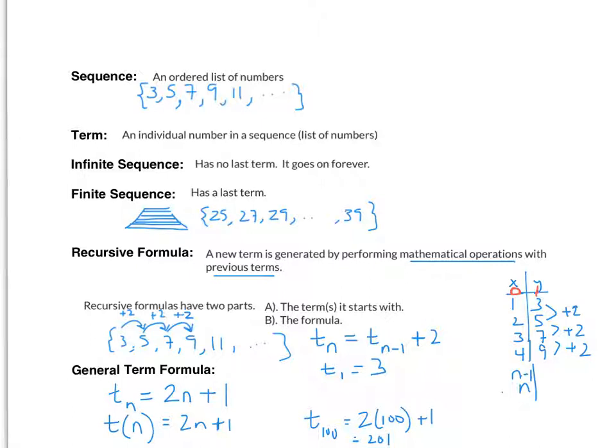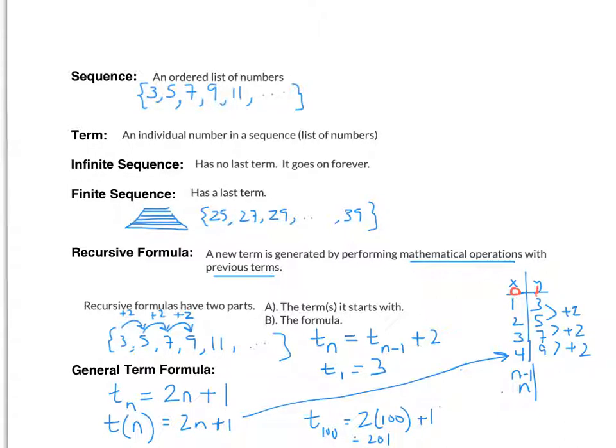Hopefully that makes sense in terms of, little pun there, what we're doing. If I take that general term formula and put 4 into my equation, I would have 2 times 4, which is 8, plus 1 more, generates the value of 9. So it does work out.